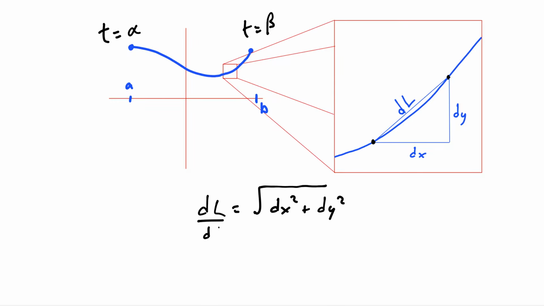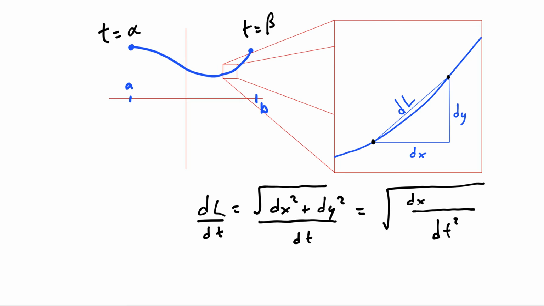If we divide everything by dt, then in order to simplify the square root, we could bring the dt in. Outside the root, it's just dt. To bring it inside the root, we square it, dt squared. To simplify, we have the square root of dx over dt squared plus dy over dt squared.